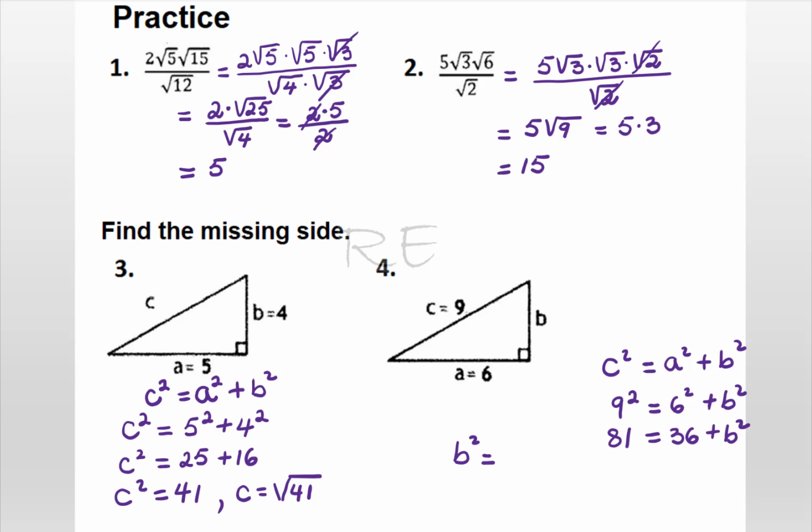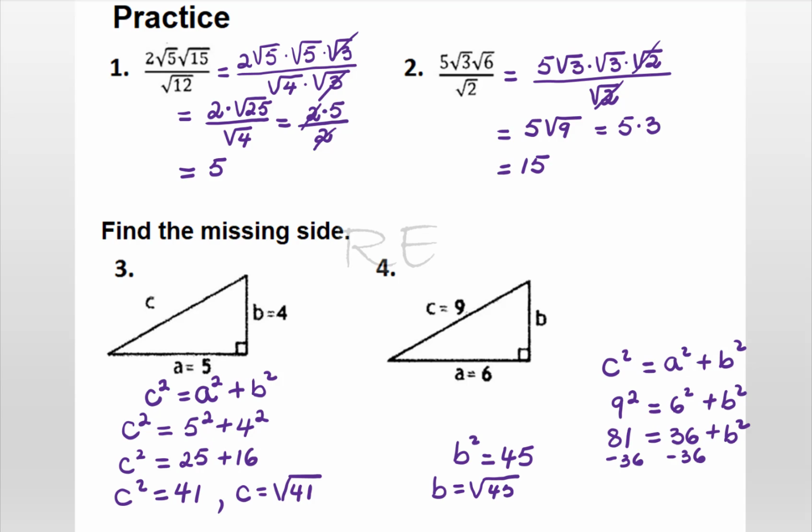B squared is equal to 81 minus 36. When we subtract 36 from both sides, b squared is equal to 45.